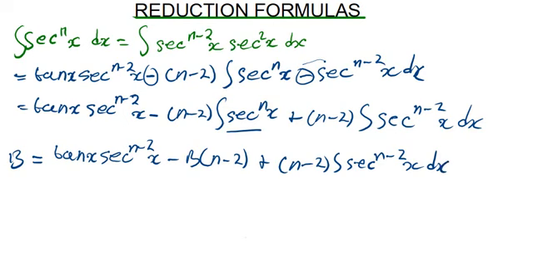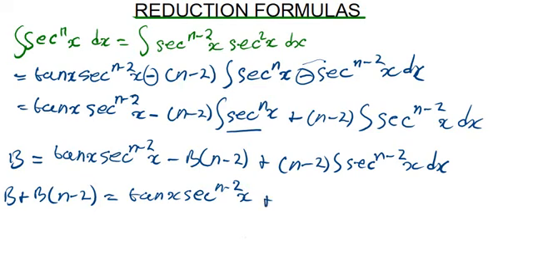Okay, so just a matter of collecting the like terms. You're going to have your B here plus B(n-2) being equal to tan x sec^(n-2) x plus (n-2) times the integral of sec^(n-2) x dx.